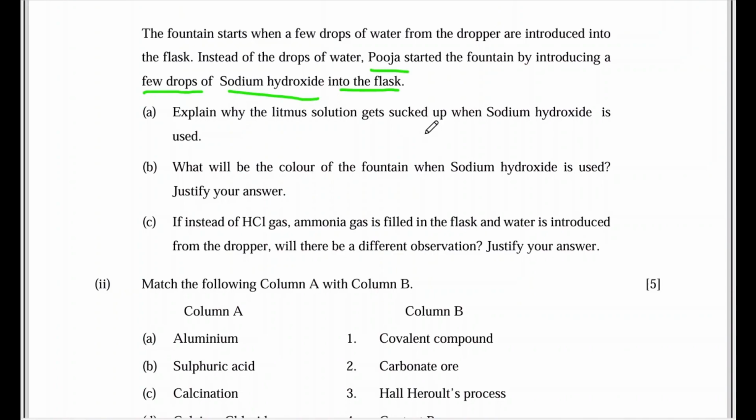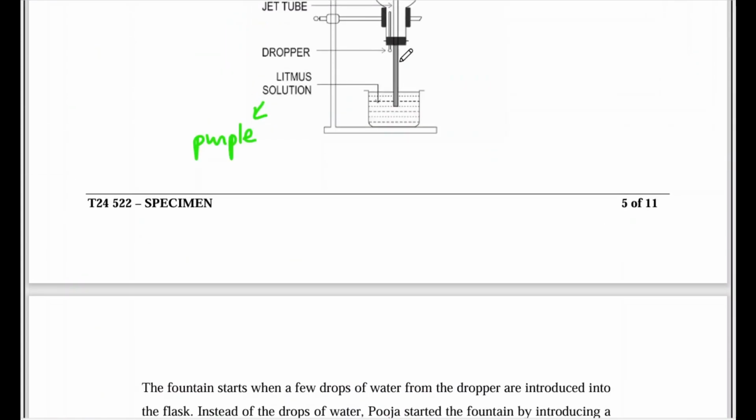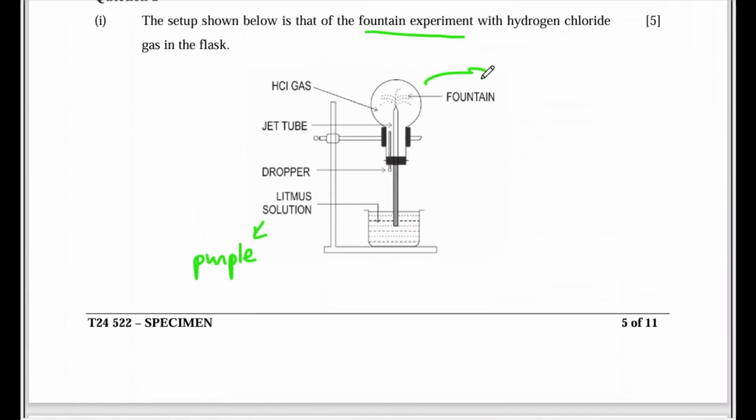Now explain why the litmus solution gets sucked up when sodium hydroxide solution is used. So even though you use sodium hydroxide solution, what happens this time? Sodium hydroxide solution is basic. HCl is what? Acidic. So acid-base reaction takes place. Sodium hydroxide also has water in it. So a chemical reaction will take place, NaCl plus water. Because HCl reacts with sodium hydroxide solution, what happens to the pressure inside this RB flask?